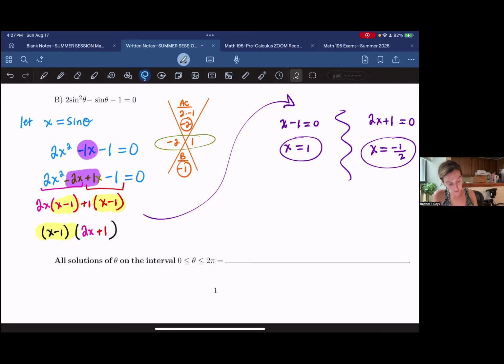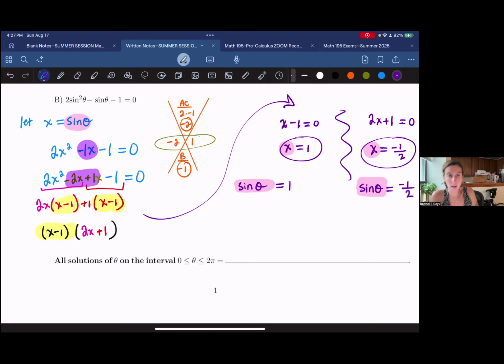Now we can substitute back in for our x. Our x is the same as sine theta. And so we have sine theta is equal to 1, and then we have sine theta is equal to -1/2.